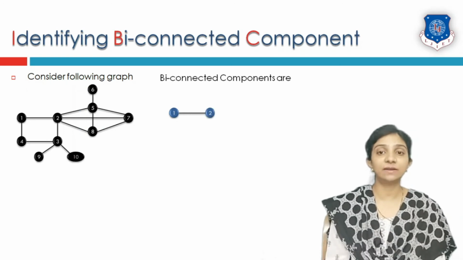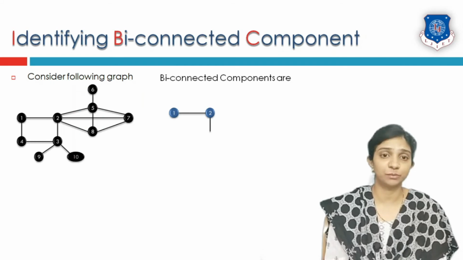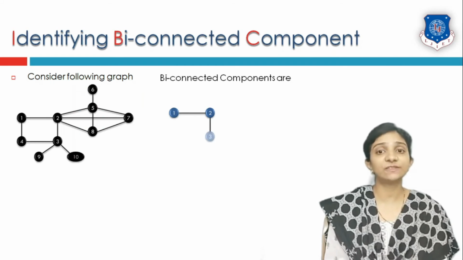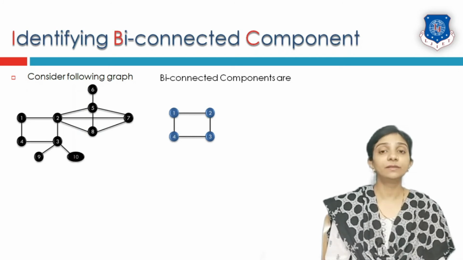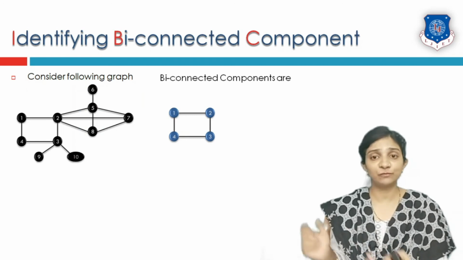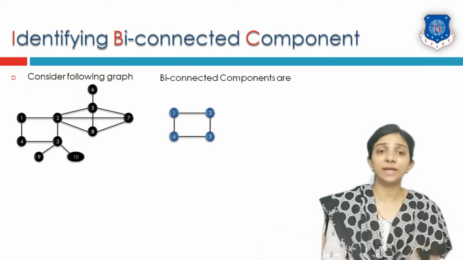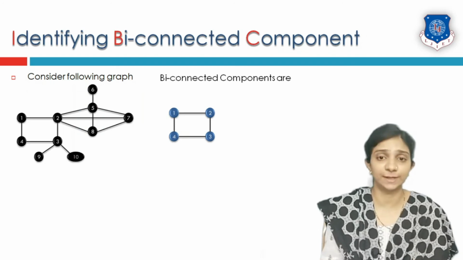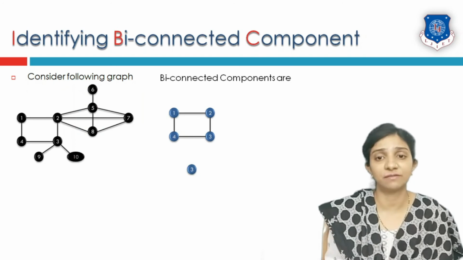If I add another vertex, it doesn't make my graph have an articulation point. If I add vertex number 3 and 4 in the graph, this subgraph is connected. And from this subgraph, if I remove any vertex, it won't make the remaining vertices disconnected. So there is no articulation point in this subgraph.